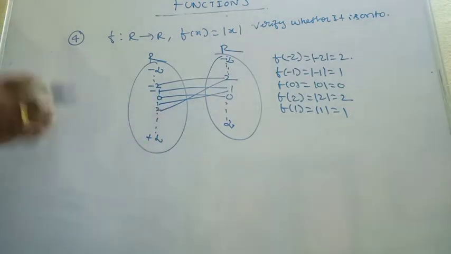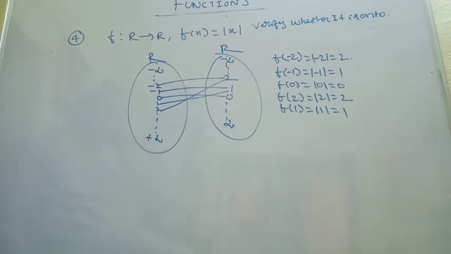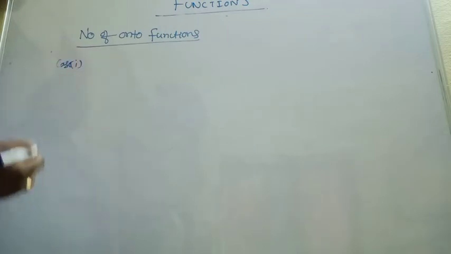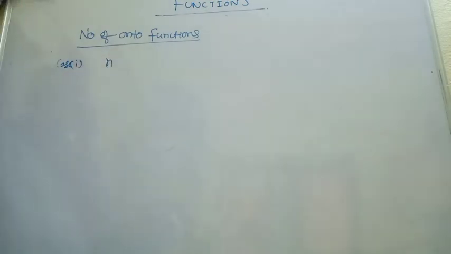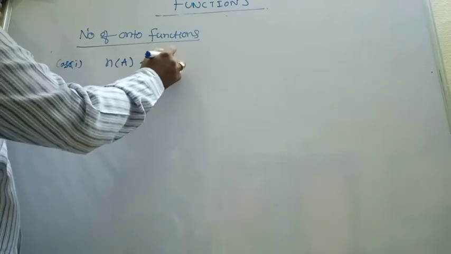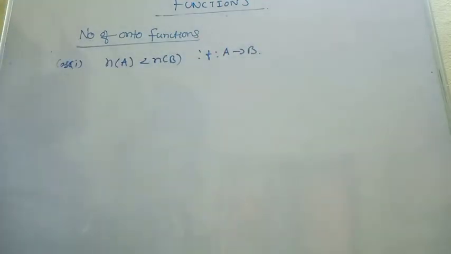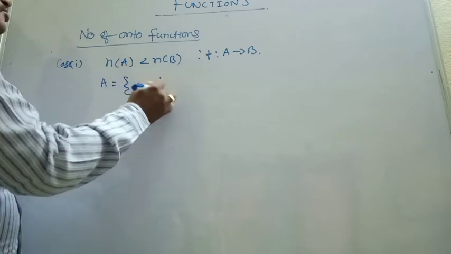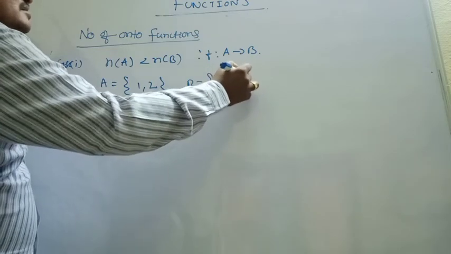Now, we are going to discuss the number of onto functions, right? Case 1. What is case 1? It is when f is a function from A to B and n of A is less than n of B. For example, let us take A equal to {1, 2}, B equal to {a, b, c} like this.